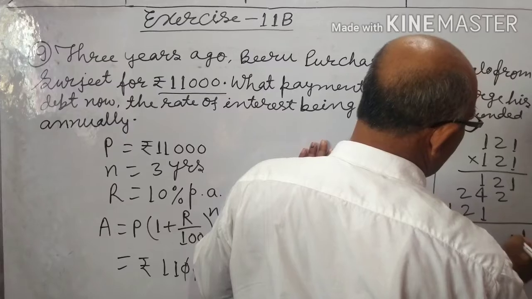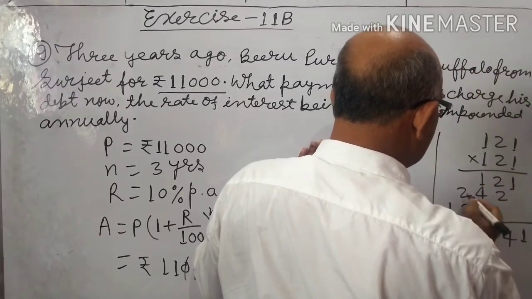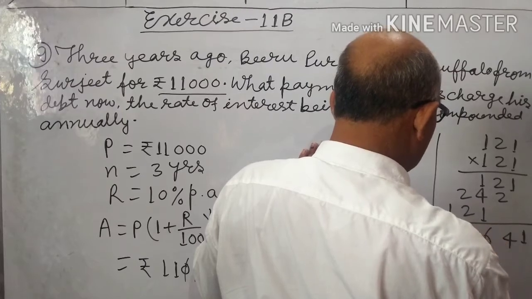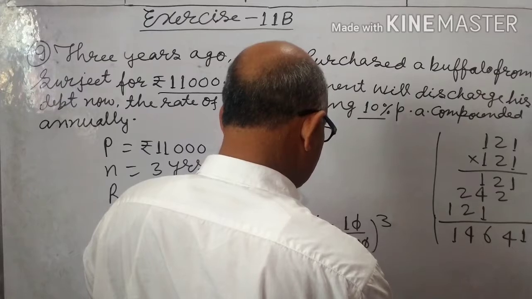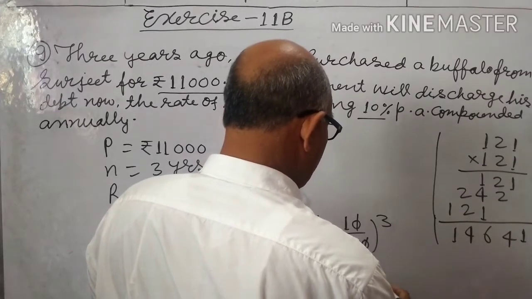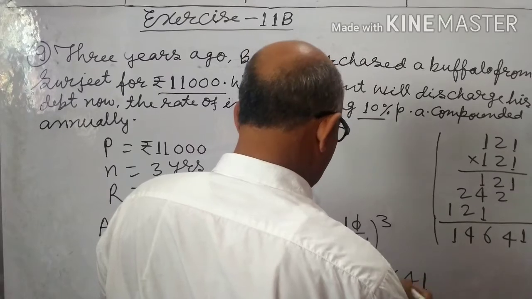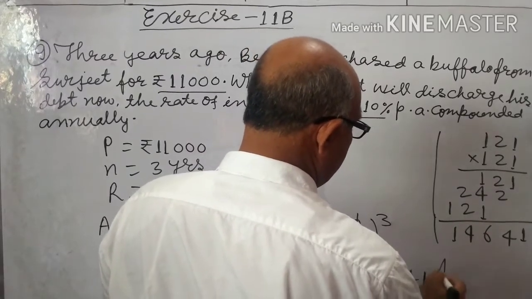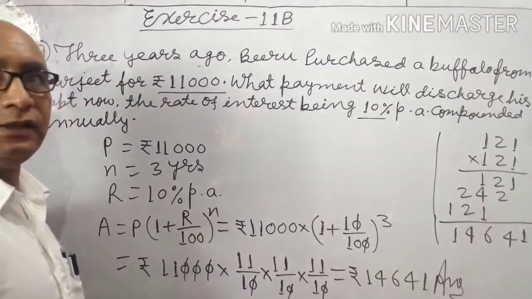Add it: 1, 4, 4 plus 2, 6, 2 2 4, 1. So rupees 14,641. Rupees 14,641. Answer. Understand and write it.